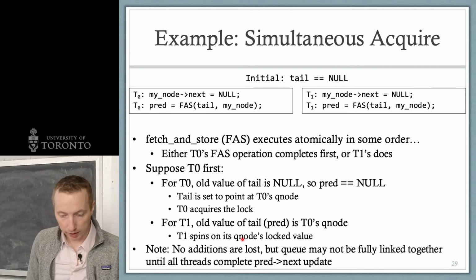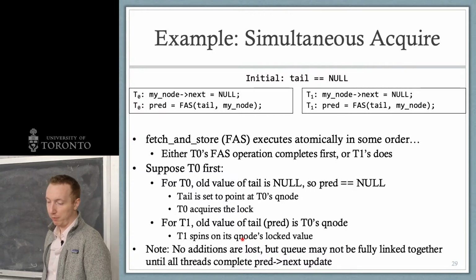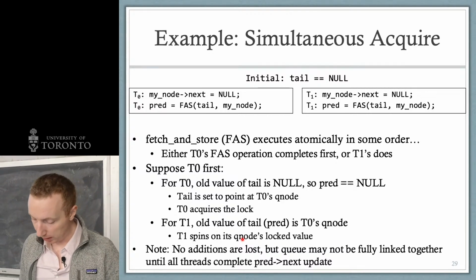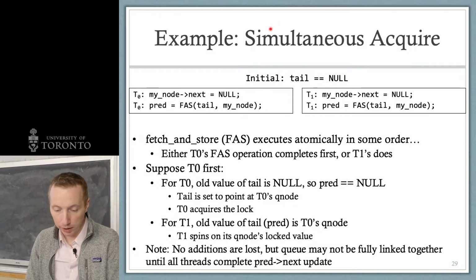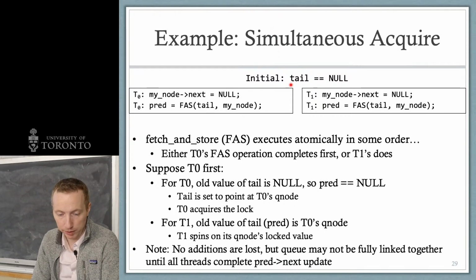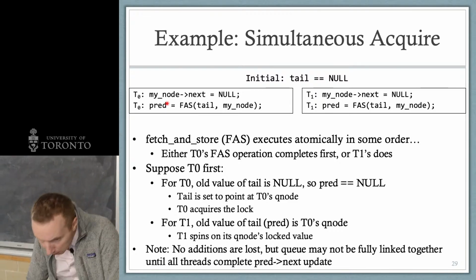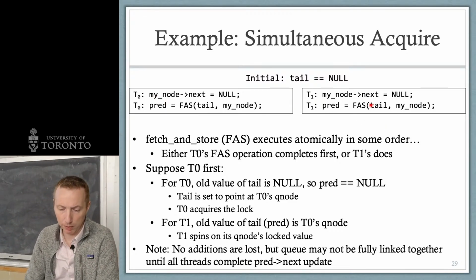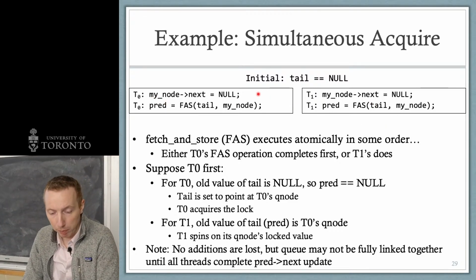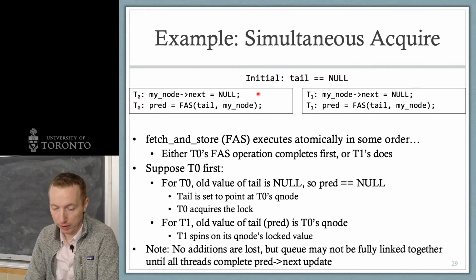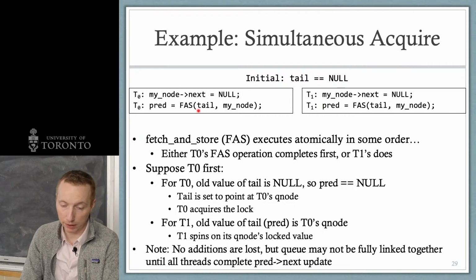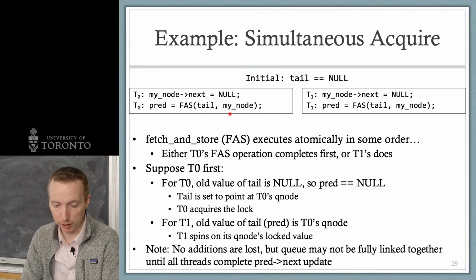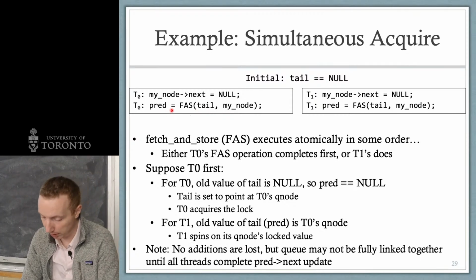So, an example here: if two threads both try to simultaneously acquire that lock, say initially the tail is equal to null, and then we have thread 0 and thread 1 here. Both their code would do the same thing: set my node's next to null and then try to fetch and set the tail to be equal to my node, and that would be the predecessor.